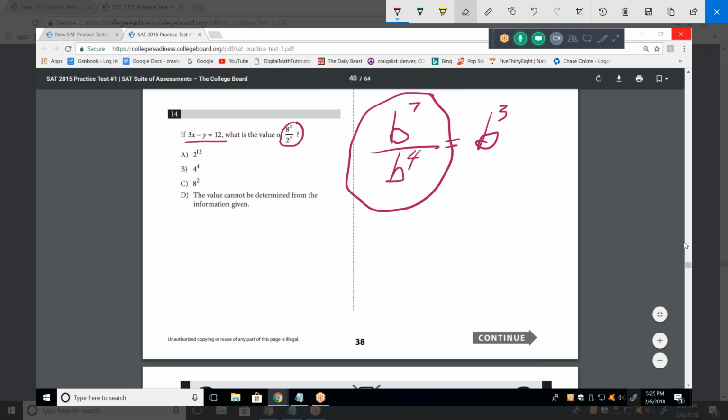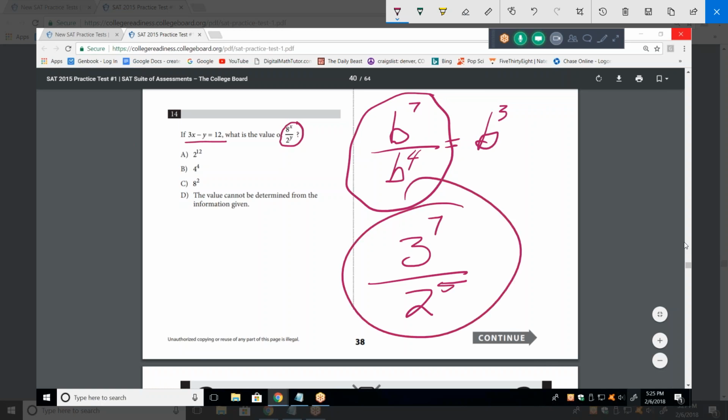But if I tell you that you have 3 to the 7th divided by 2 to the 5th, there's no rule that applies to that. You can't simplify that. In other words, you've got to either have the same base or the same exponent. Either one allows you to simplify it. But you've got to have one or the other.